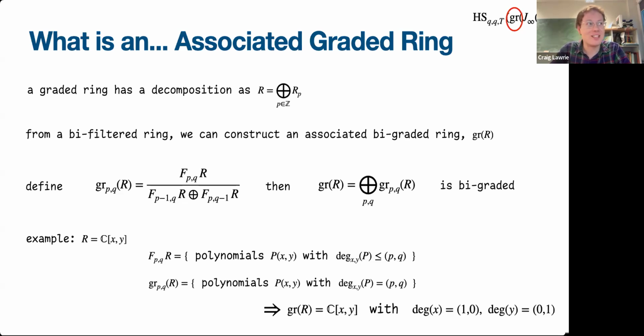So this tells you that the associated graded is just C of x and y, with the standard grading: x is (1,0) and y is (0,1). In some sense, this was not a very exciting example, because I started with C of x and y, which we already know is naturally bigraded. I constructed the filtration and showed that you recovered the bigraded thing.